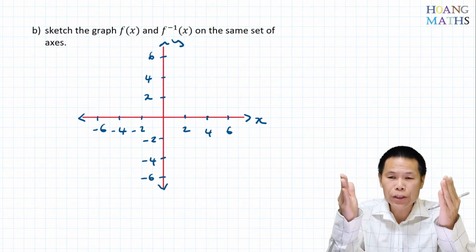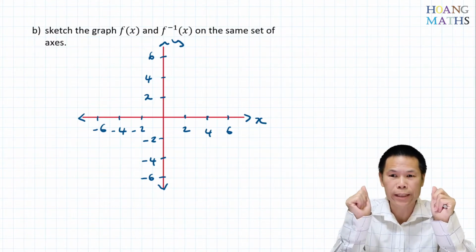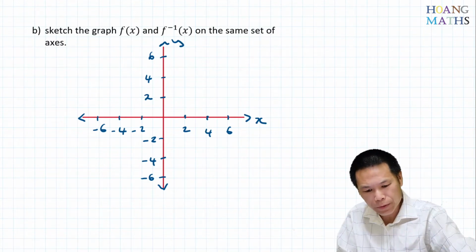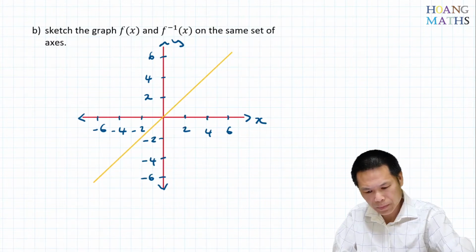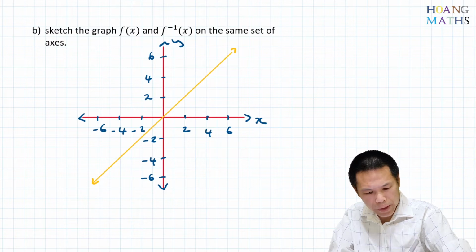Now the inverse function is the reflection of the function about the line y equals x. So let me draw y equals x first. So this here is y equals x.